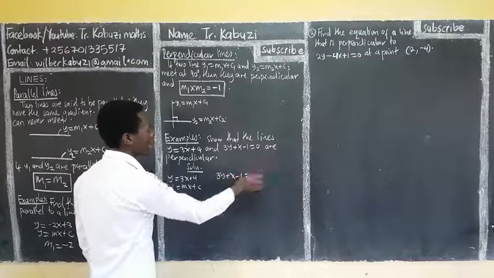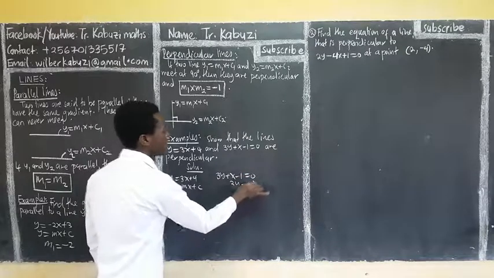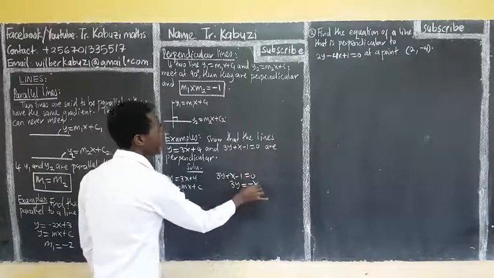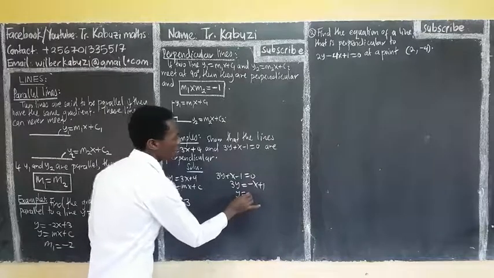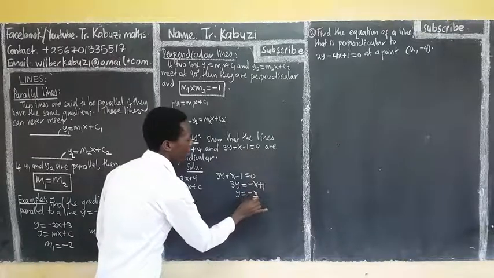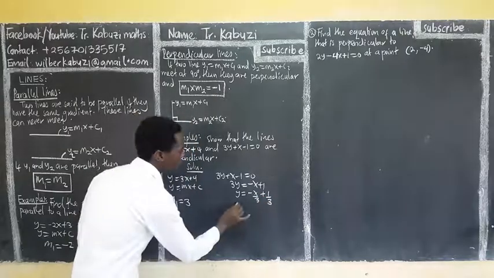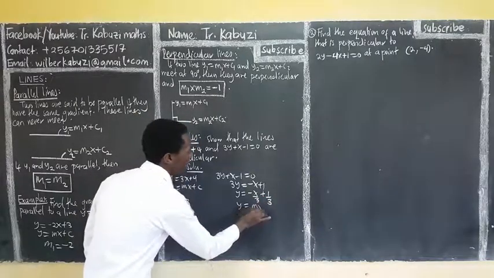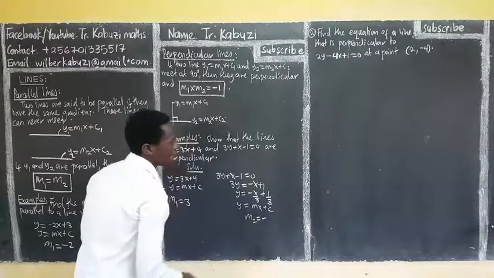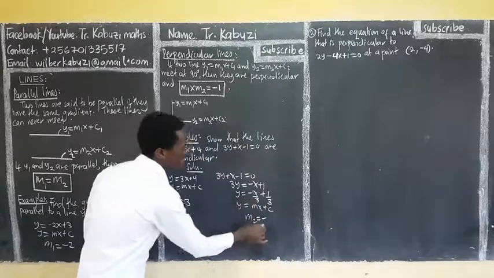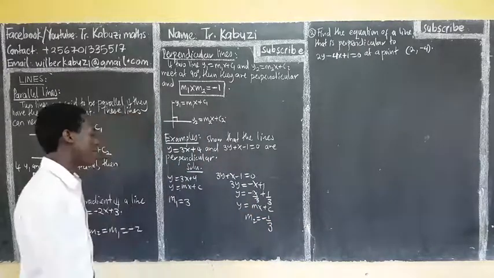I take x to the other side, I'll have 3y, and this crosses the equal sign, so it becomes negative x. And this one crosses the equal sign, so it becomes positive. Divide through by 3, your y becomes negative x over 3, then plus 1 over 3. So if you compare with y equals mx plus c, here your m2 is negative 1 over 3. So that's how we can pick the coefficient, negative 1 over 3.